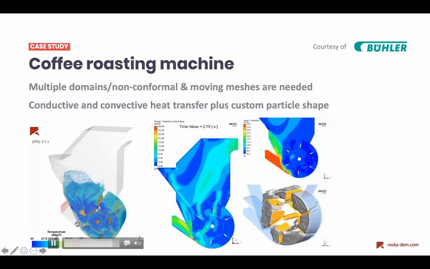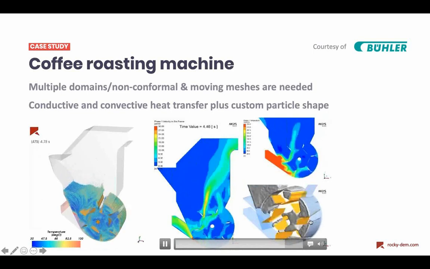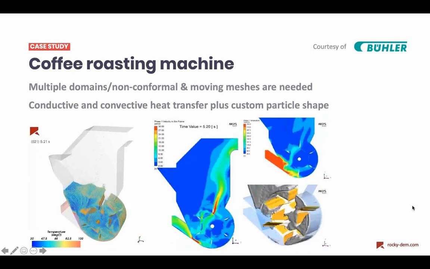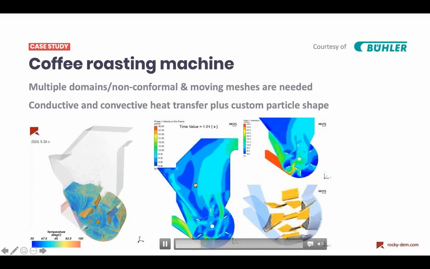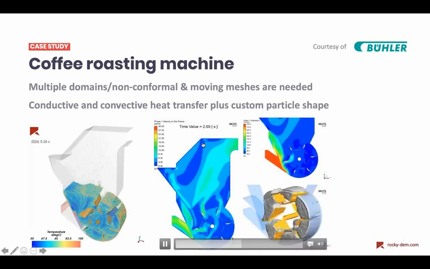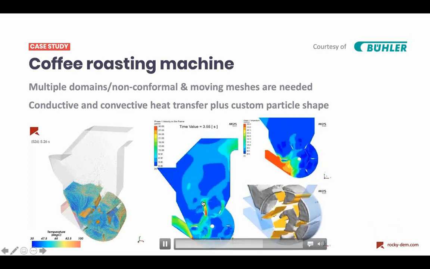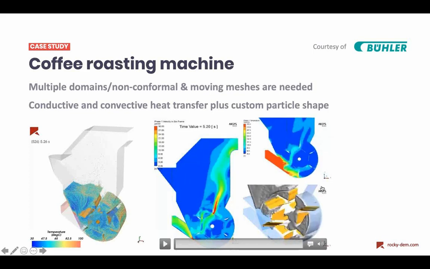Okay, so on the left side, you see the Rocky simulation. On the right side, you see the results from the Fluent perspective. So you can see here the concentration of the solids, or the velocity of the gas.